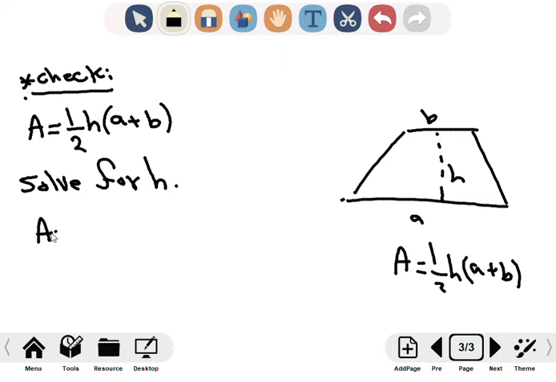A equals half times A plus B, all multiplied by H. I just took the H and put it here. How do we get rid of it?